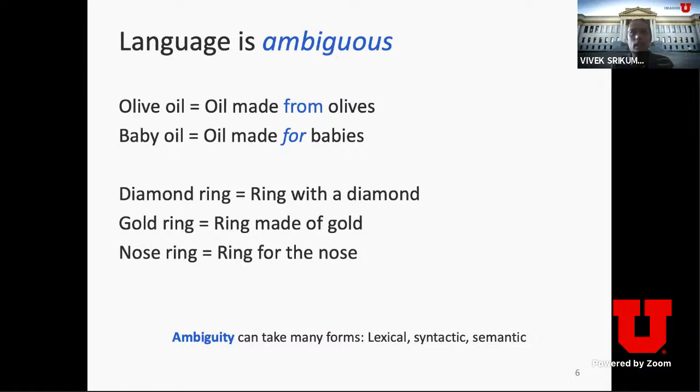A nose ring does not have a nose in it. In fact, it goes around the nose. And we use the same sort of lexical constructions. And this ambiguity is something that we navigate so easily. I mean, it's actually kind of fun to see people understand this kind of ambiguity because it makes you respect what we can do.